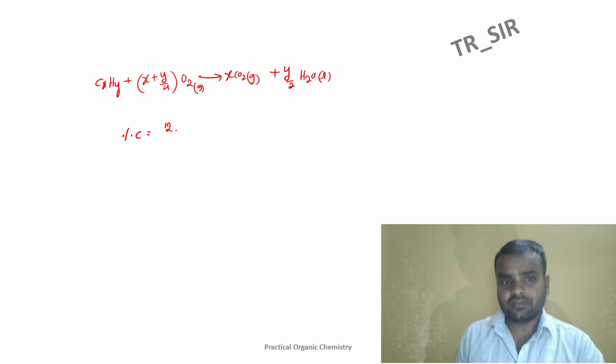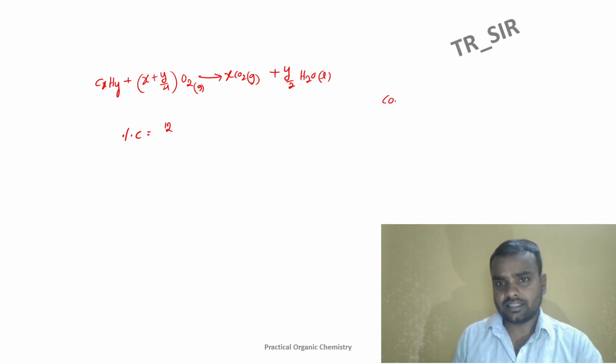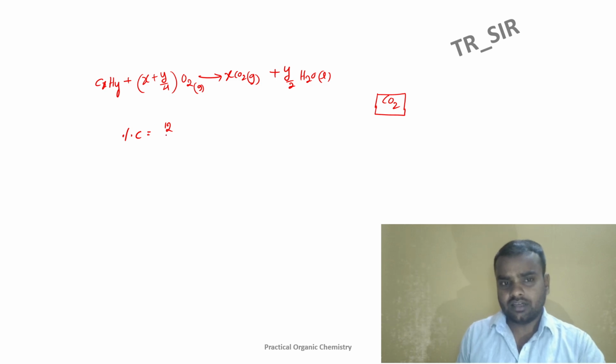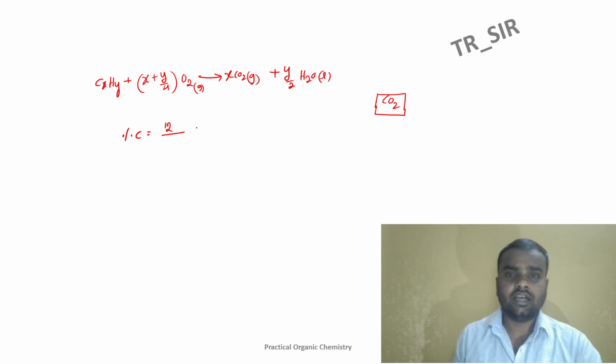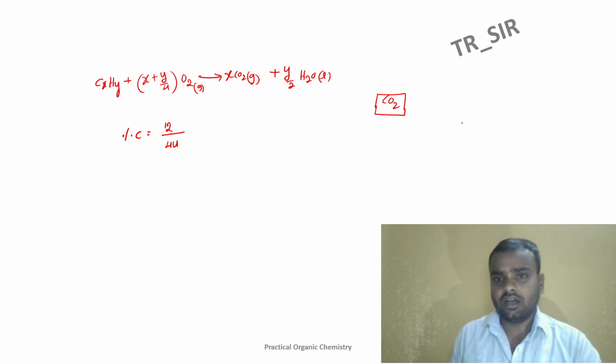If I want to get the percentage of carbon, the atomic weight of carbon is 12 and the molar mass of carbon dioxide is 44. How?